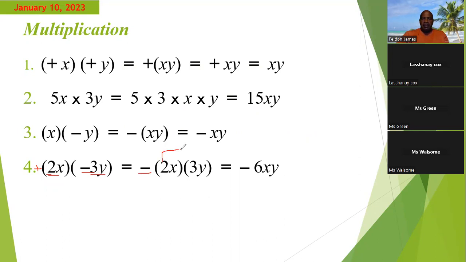Now we multiply the numbers together, so we get 6, 3 times 2 is 6. We multiply the letters together, we simply put them together. All right, so the answer becomes negative 6xy.